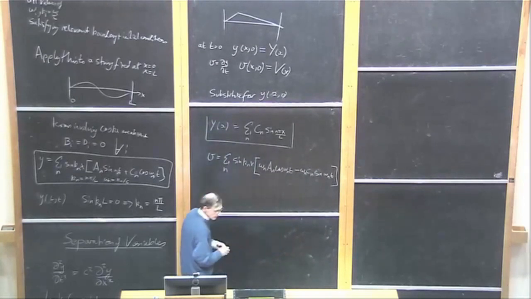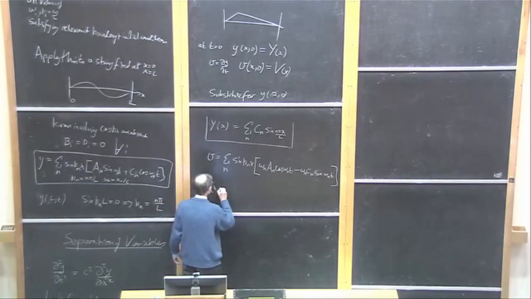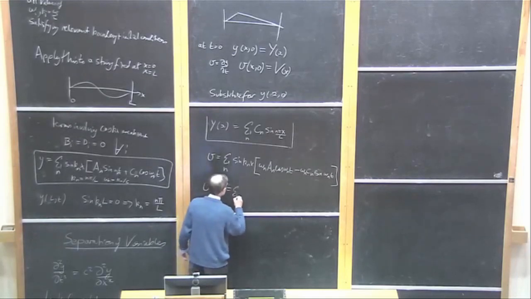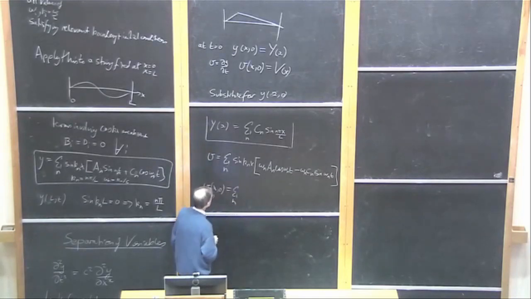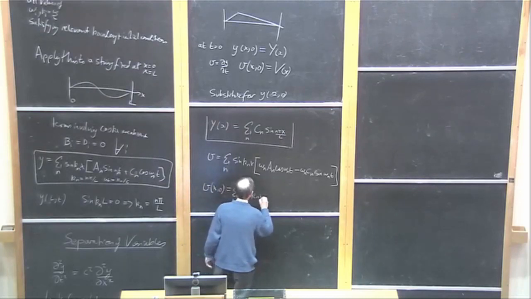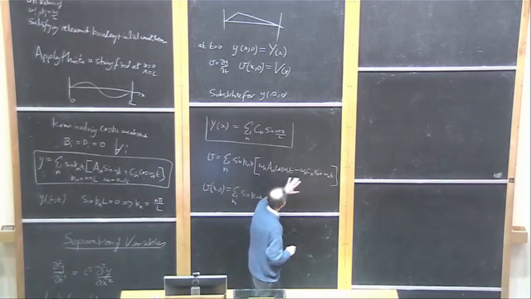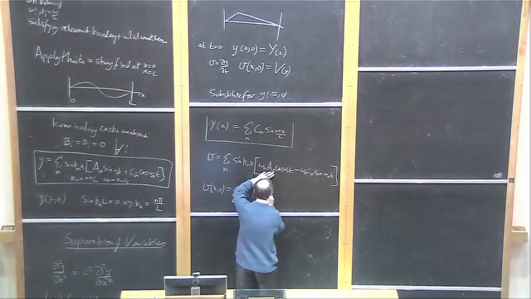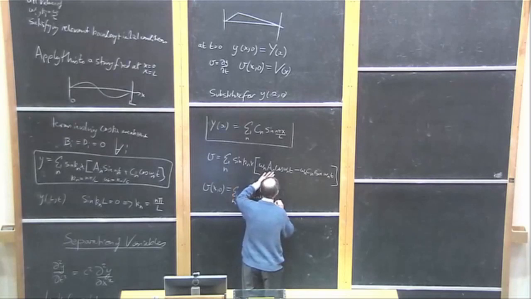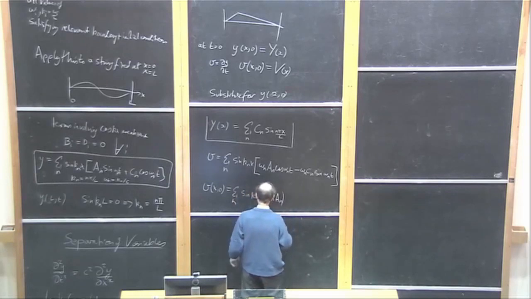And then we'll put t equals 0, so v of x, 0 is the sum over n of sine k n x, and at t equals 0, sine omega t goes to 0, we get omega n a n, and cos omega n t is 1.